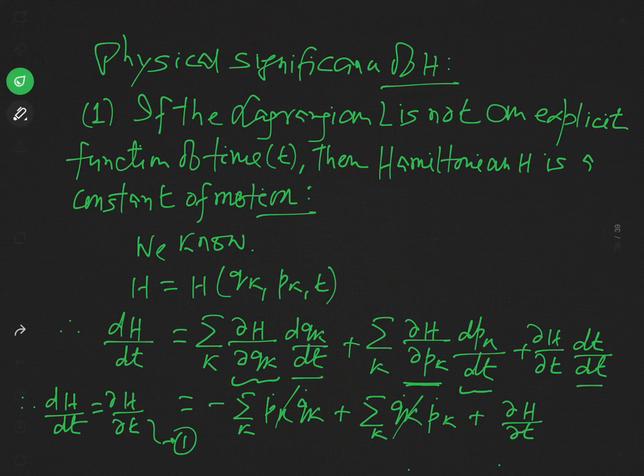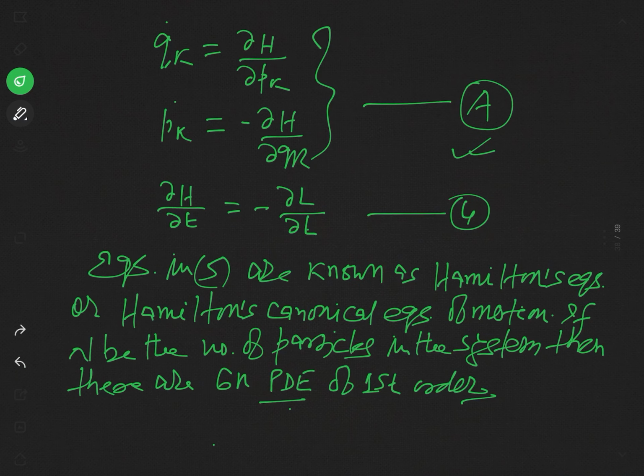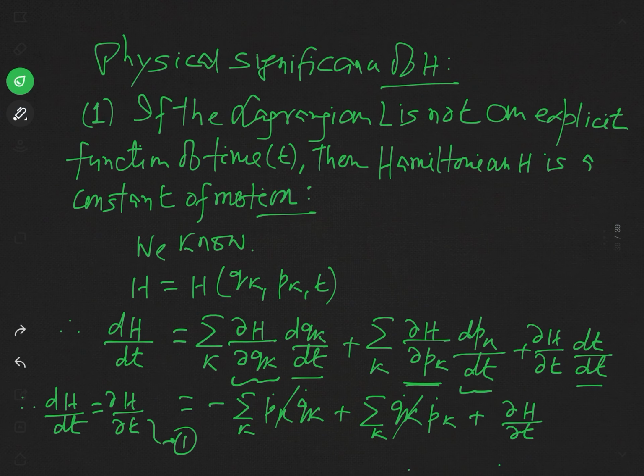Now just in the derivation of Hamilton's equation, you see this equation number 4, where we have derived that this del H by del t is actually equal to minus del L by del t. So we can compare this equation with that.